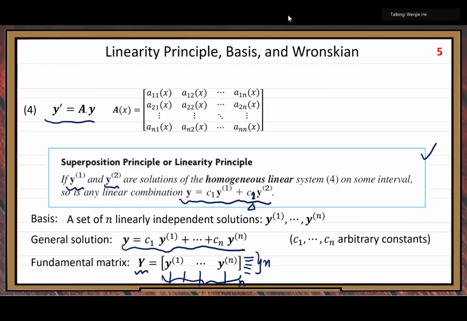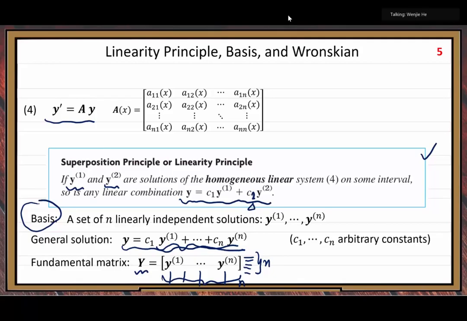Because for the fundamental matrix we use the solutions that form a basis, you need to ask if that basis is unique or not. Can you find another different basis? Think about that.